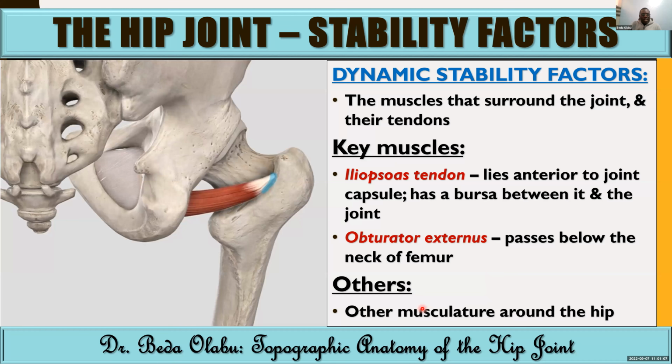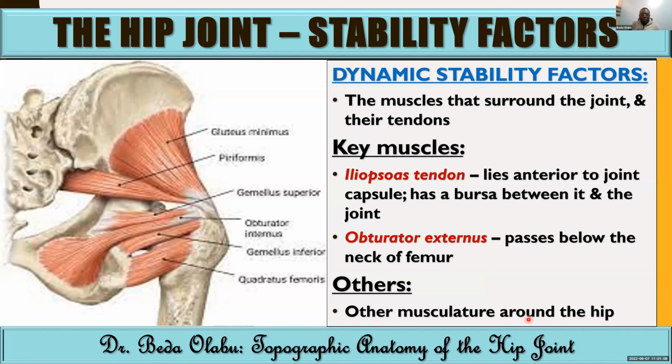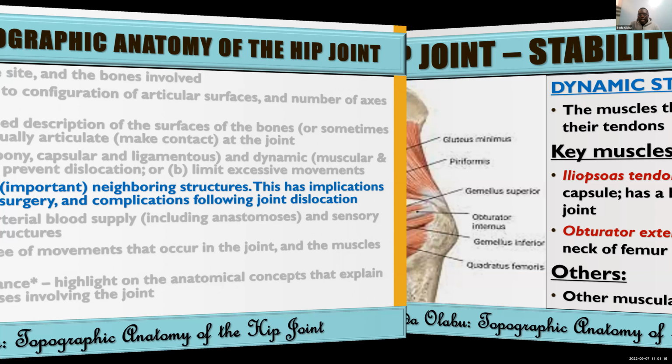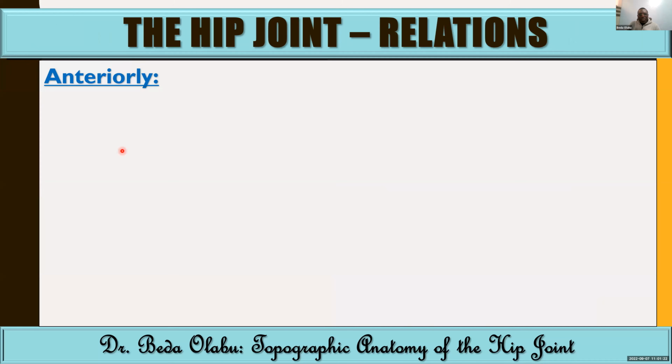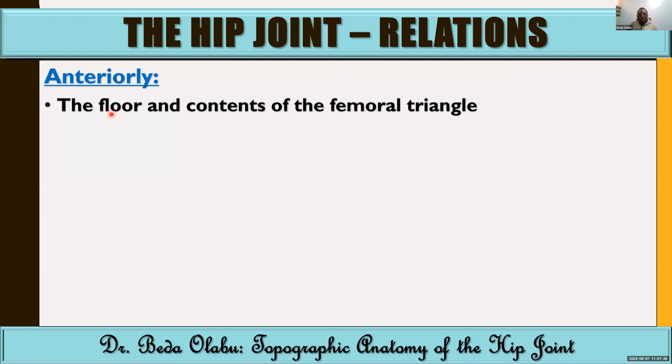Having talked about that, let's now go through relational anatomy of the hip joint. We'll talk about the important structures, and we already understood why it's important to know the relational anatomy. Anteriorly, what is in front of the hip joint will be the muscles that form the floor of the femoral triangle, as well as the contents of the femoral triangle, largely.